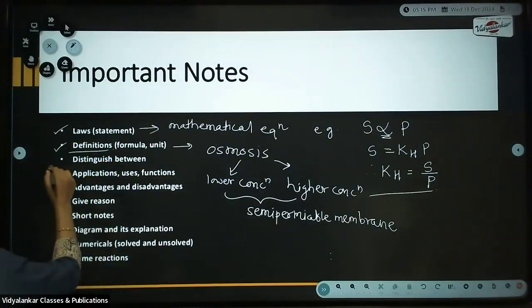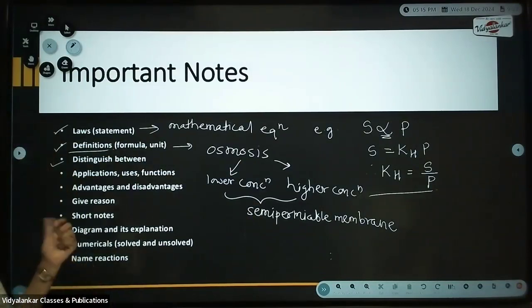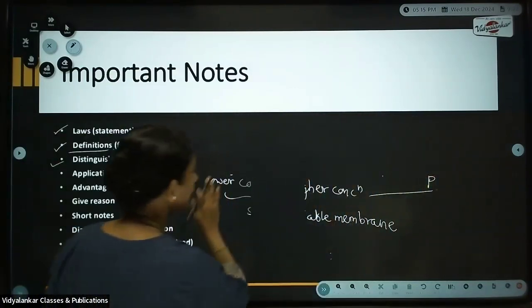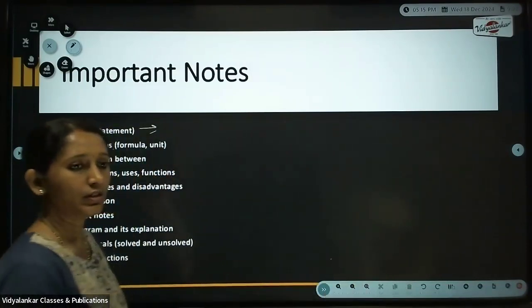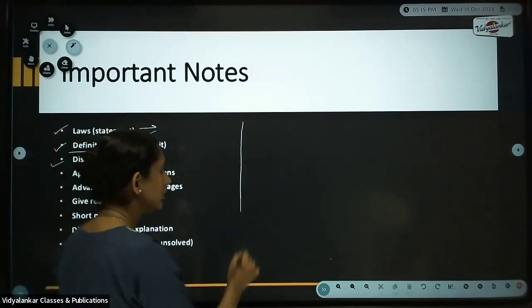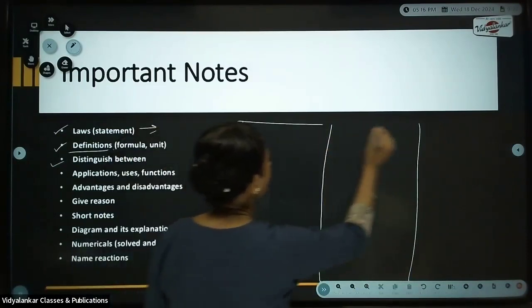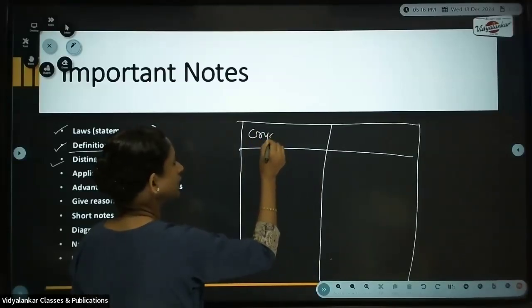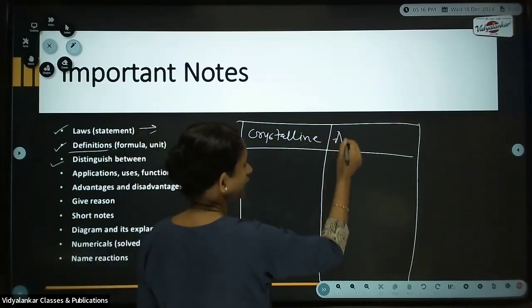Then if you are asked to distinguish, for example in solid state, the very first distinguish is crystalline and amorphous. If distinguishing crystalline and amorphous is asked in the paper, what pattern to follow? Make two columns. Suppose you write about crystalline on one side and amorphous on the other side.